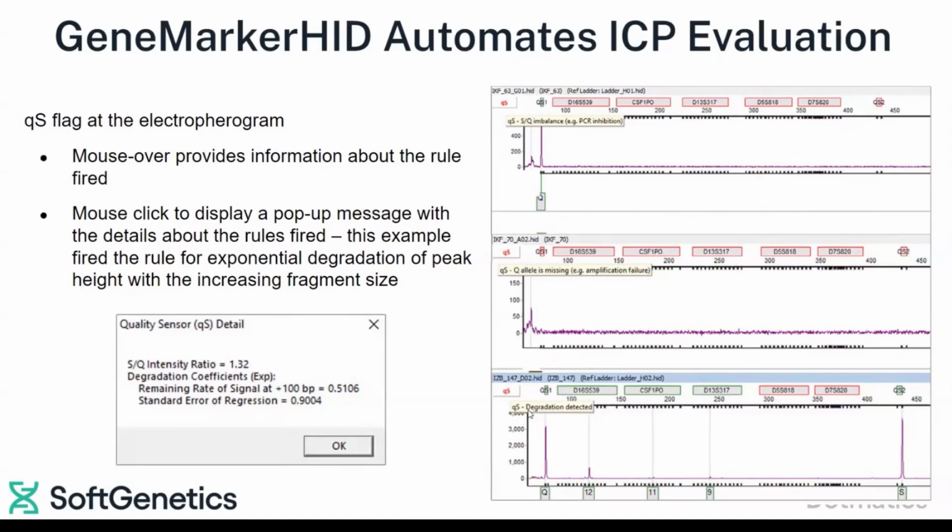And this is pointing towards more of an issue of the sample being degraded. So there wasn't a problem with the PCR reaction, but more an issue of a degraded template DNA. And here it's giving the option to make your setting to detect at what slope you want to flag it as degradation.